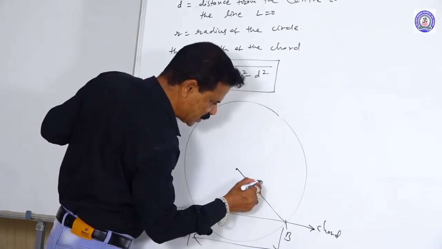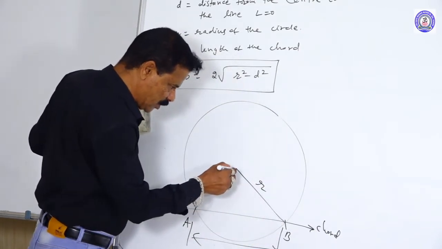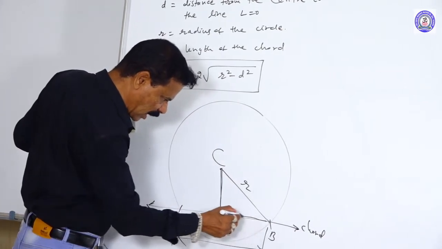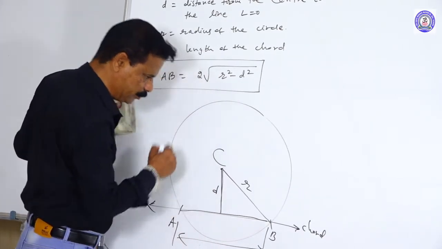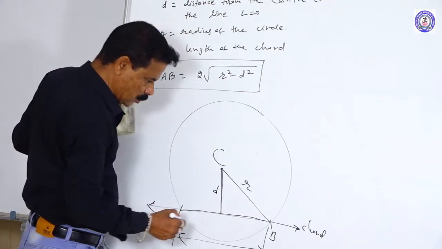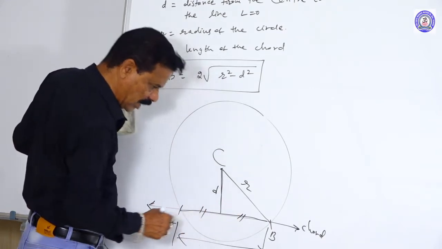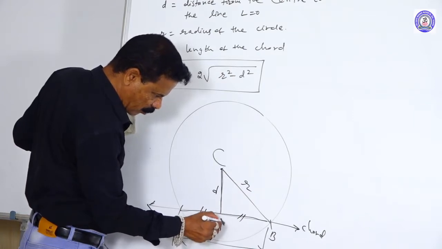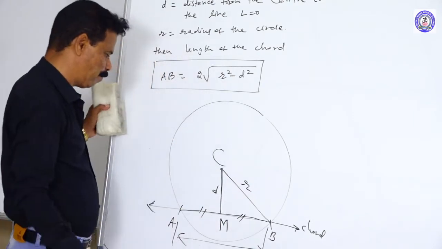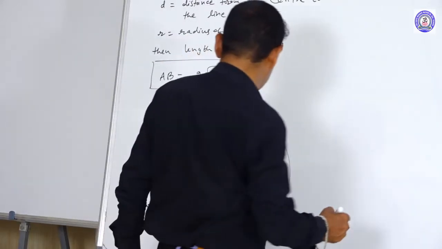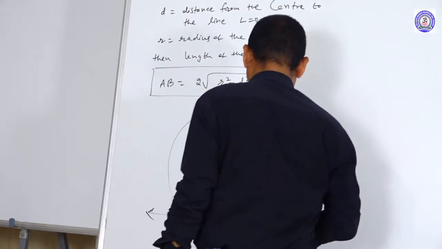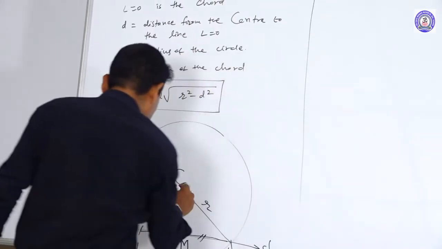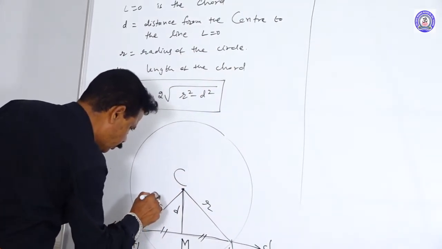This is radius r, and this is the distance from the center point to this chord. This is D. Suppose this point is M. Here this also is R on this side.